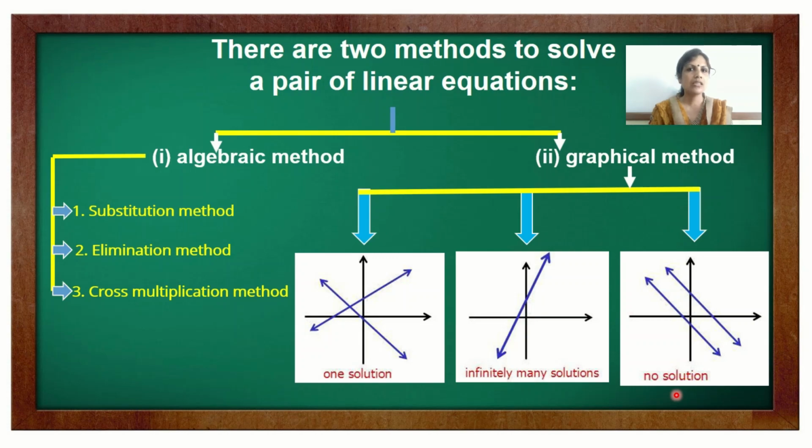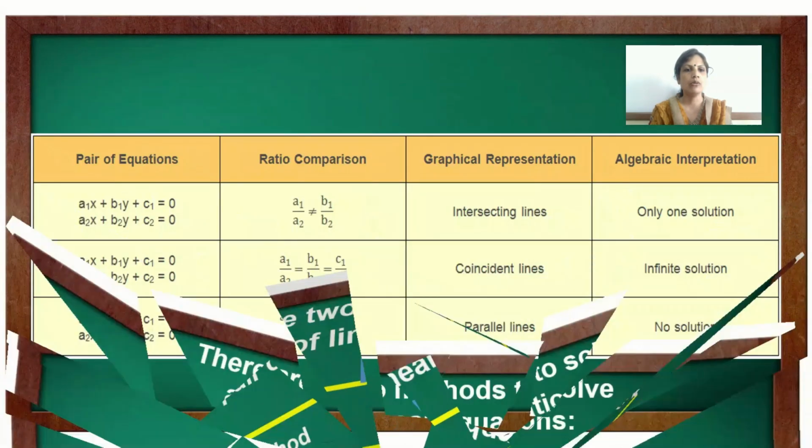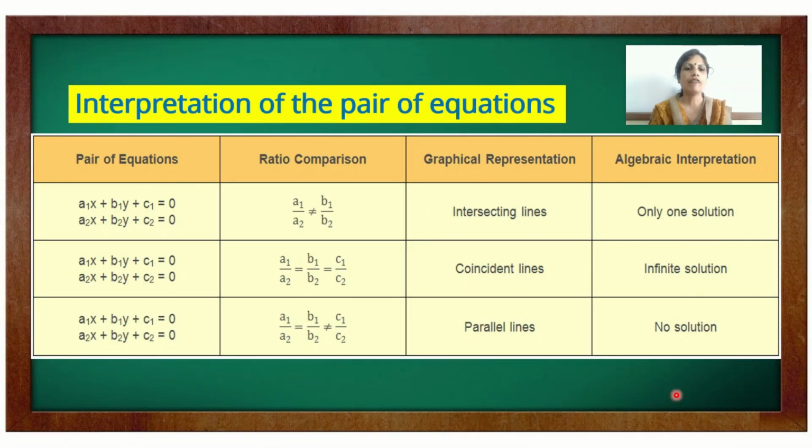So we'll see this in the next slide. Look at this, the graphical interpretation of pair of equations. Now suppose you are given a pair of equations. You compare that pair of equations with its standard form. Write the values of A1, B1, C1 and A2, B2 and C2.